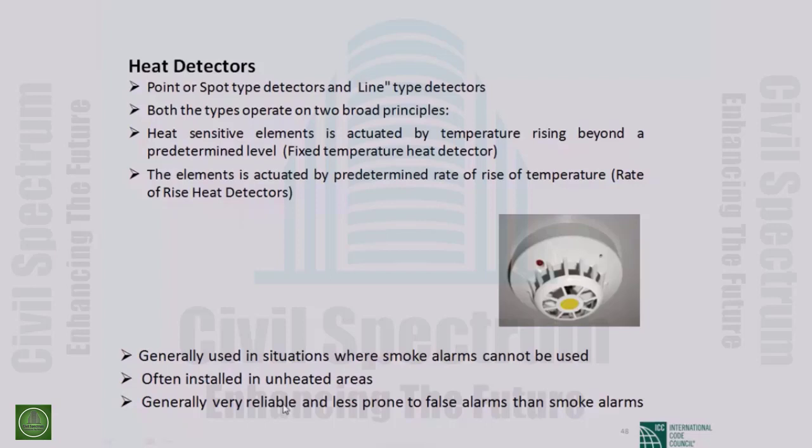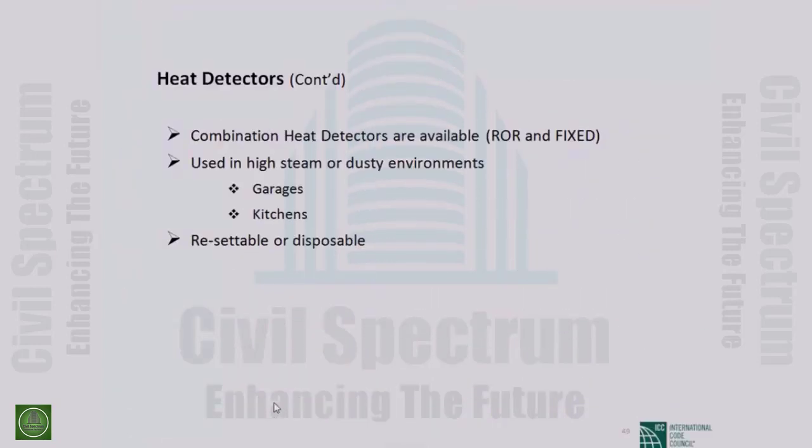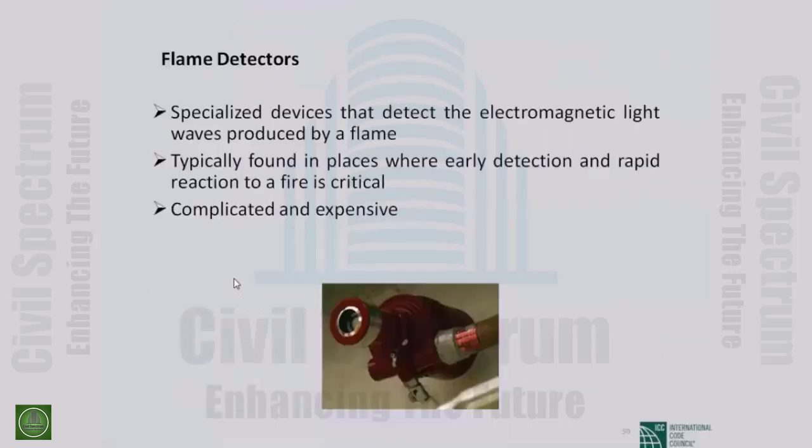If the area is dusty or moist, we use a heat detector. This is normally very safe for detecting heat. These are the areas where a heat detector can be used, in the garage and in the kitchen.